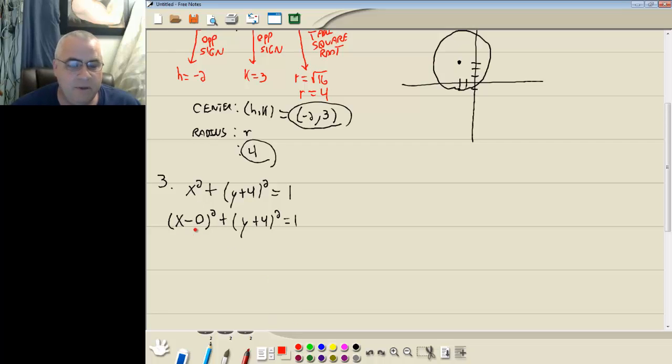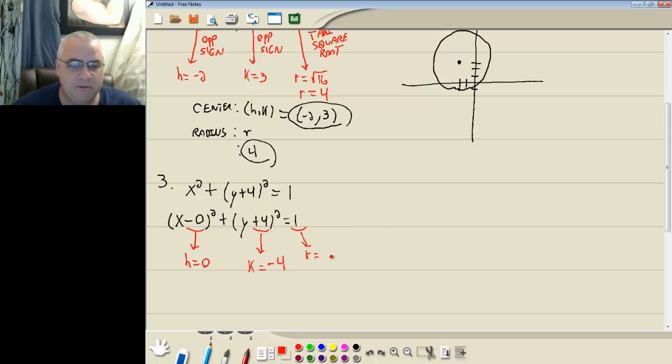Now this is standard form, and remember this is going to be our h, and it's going to be opposite sign, but 0 doesn't actually have a sign, so it's just 0. This is going to be our k, and it's going to be opposite sign. So I didn't write that real well. Let me try it again. k is going to equal negative 4. And this is going to give us our r.